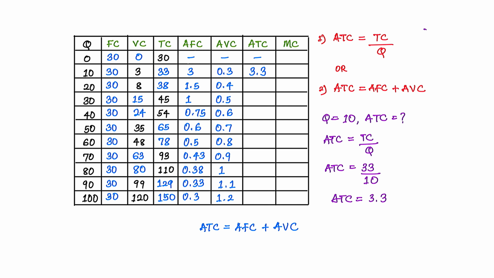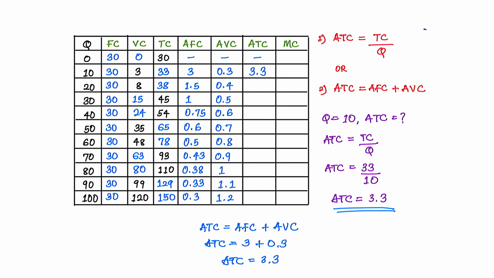Since we know that when output is 10, the value of the average fixed cost is known and the value of the average variable cost is known, then we can calculate the average total cost using this approach. So when output is 10, the average total cost is equal to average fixed cost is 3 plus average variable cost is 0.3. That will give us a sum of 3.3, which is exactly the same answer as what we have here.